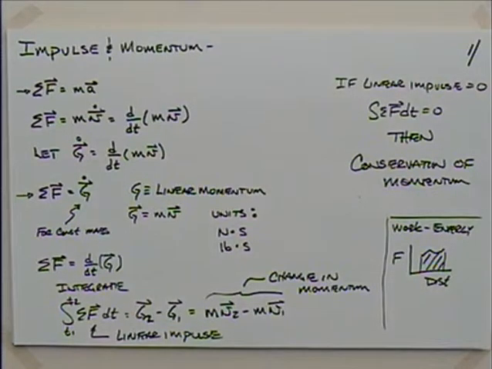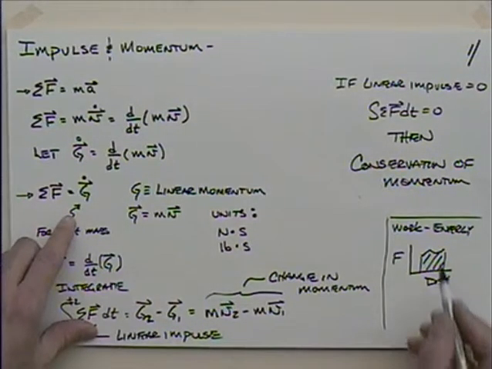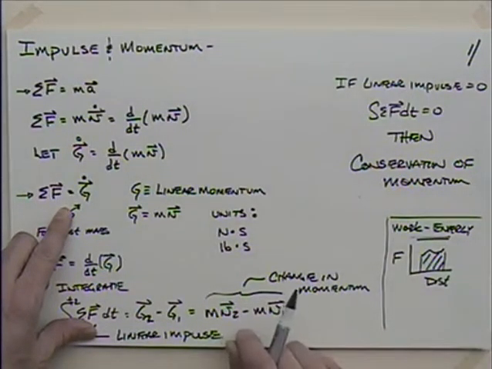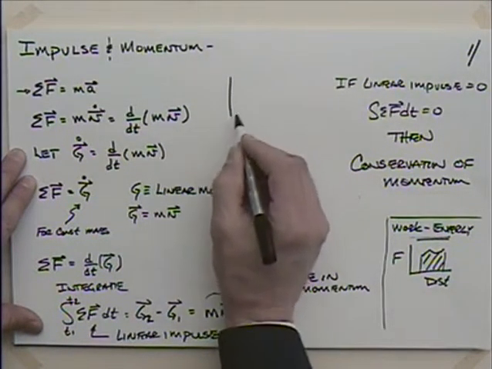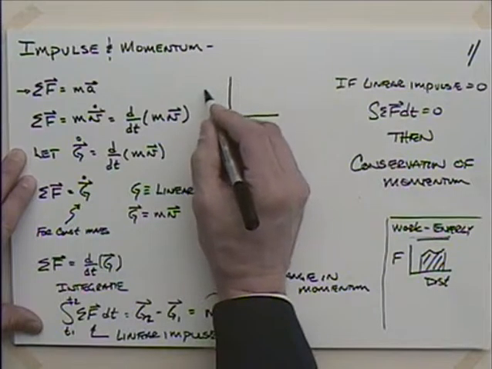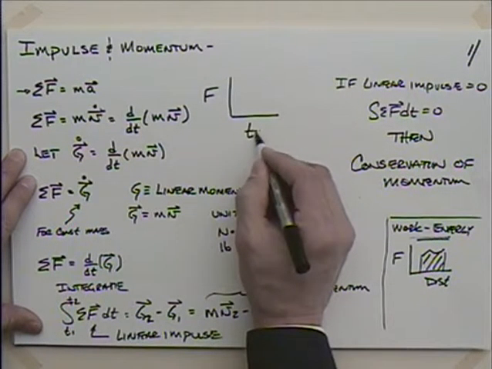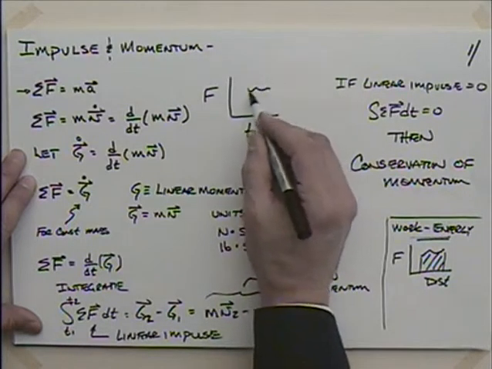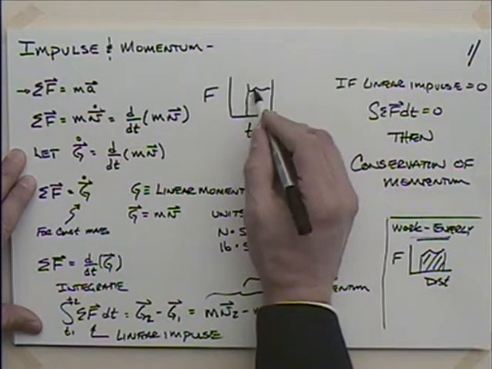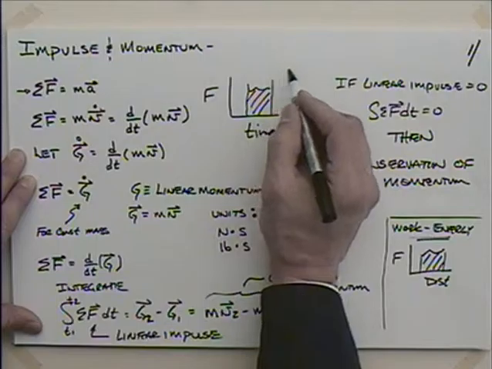So if someone starts talking about force and distance, you're probably going to start thinking about work and energy. Whereas up here, if we look at force over some time, what are we going to think about? Impulse and momentum, right?